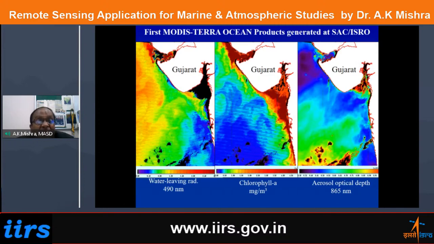So this is from MODIS, another sensor which is on satellites Terra and Aqua to study the ocean color, and LW represents the water leaving radiance, which is used for almost all parameters, and using the LW the chlorophyll map is generated, and aerosol optical depth over the ocean is derived from 865 nanometer, that is in the infrared portion of the electromagnetic wavelength.